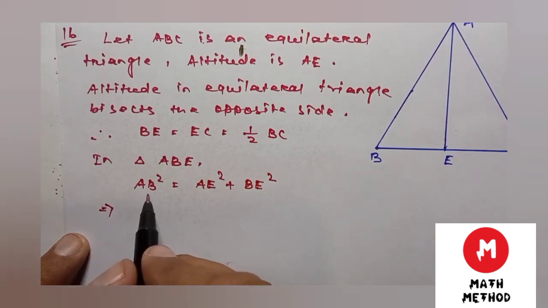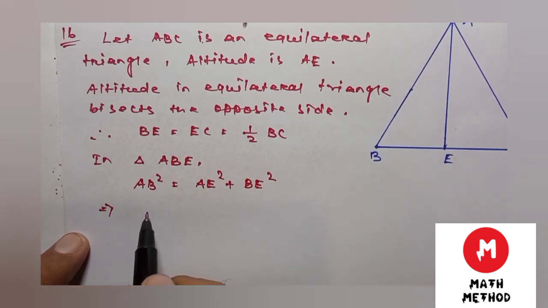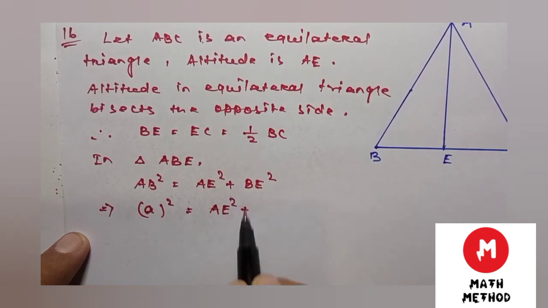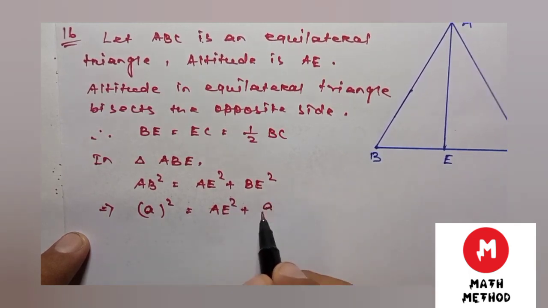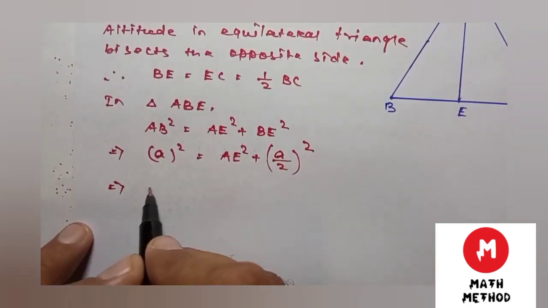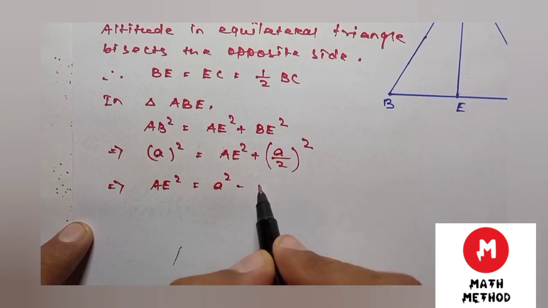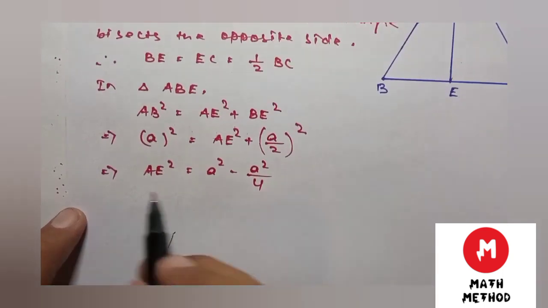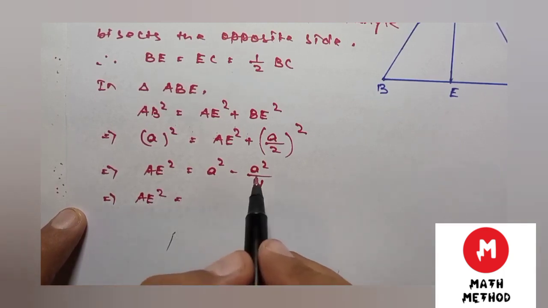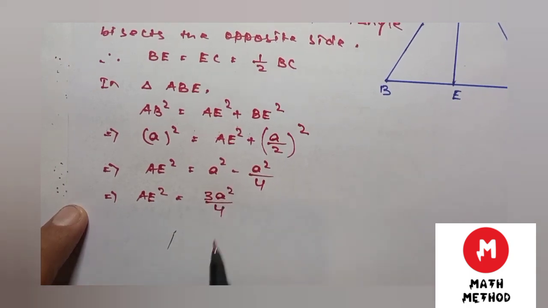Let AB be A, so A square is equal to AE square plus A by 2 whole square, since BE is half of the side. This implies AE square is equal to A square minus A square upon 4, which is 3A square by 4.